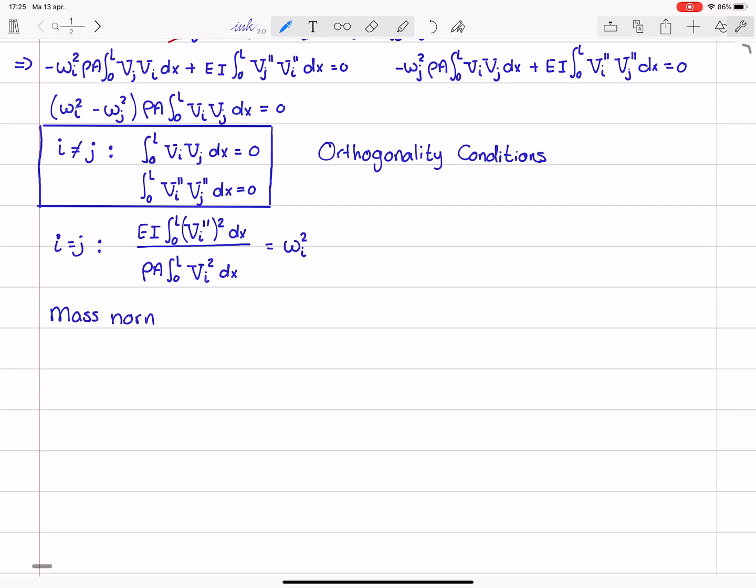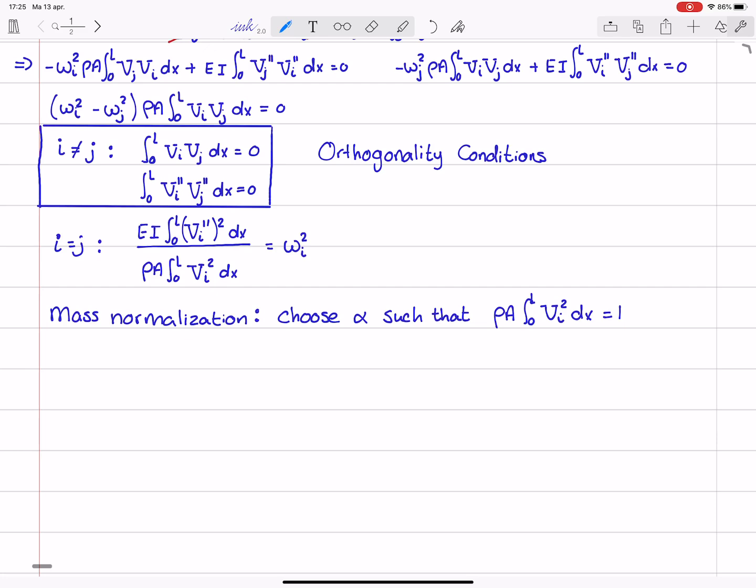Mass normalization. The idea is that the mode shapes still contain an arbitrary scaling, and we choose alpha such that this denominator equals 1, that rho A times the integral of v_i squared dx equals 1.